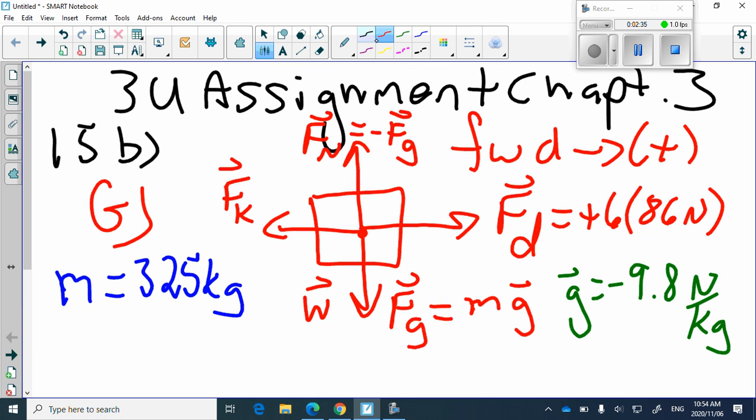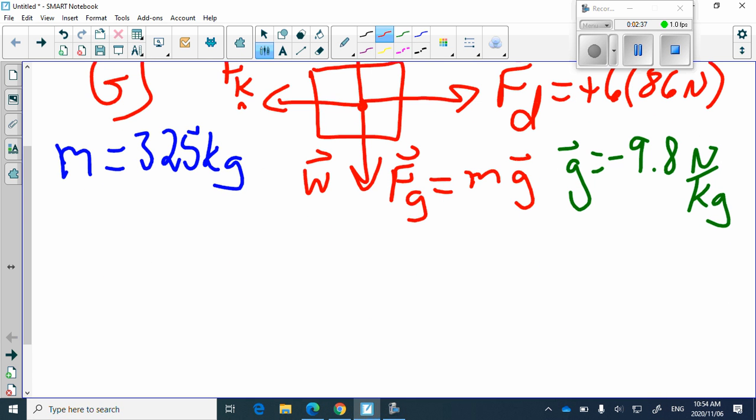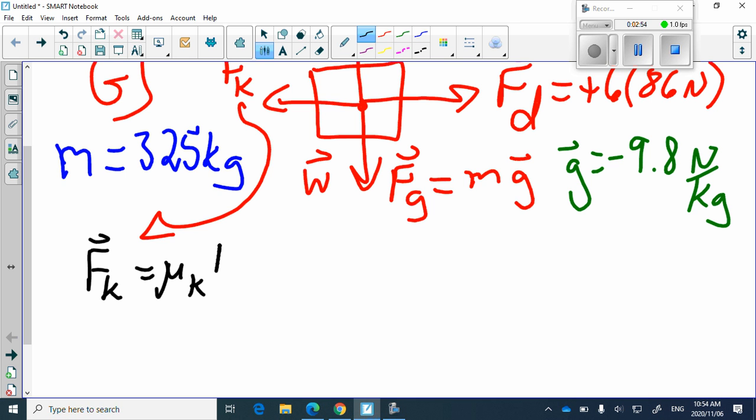What else do we know about this force of kinetic friction? I know there's an equation, but it's a very special equation. It's a limited equation. So watch this, please. Force of kinetic friction is equal to the coefficient of kinetic friction multiplied by the normal force. That's wrong.